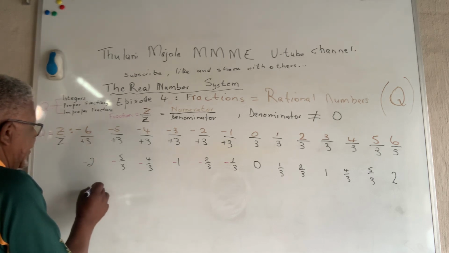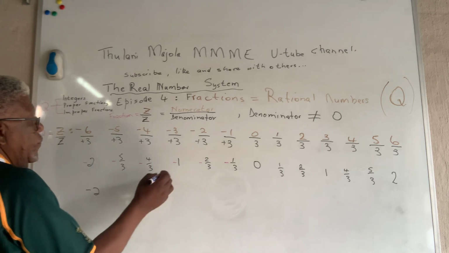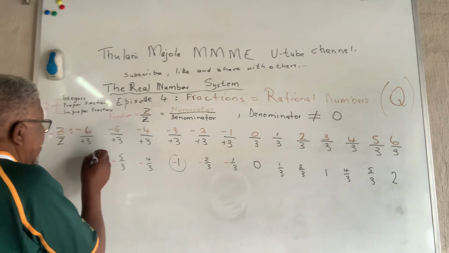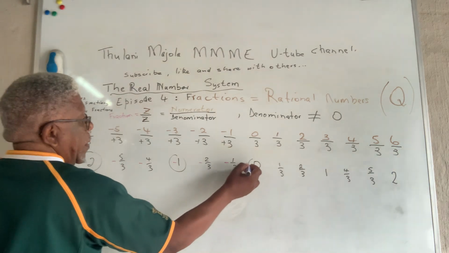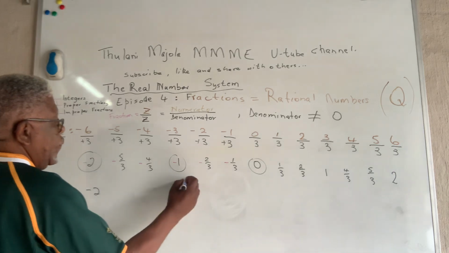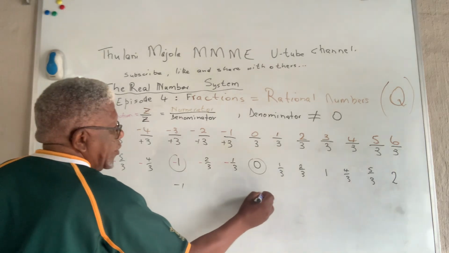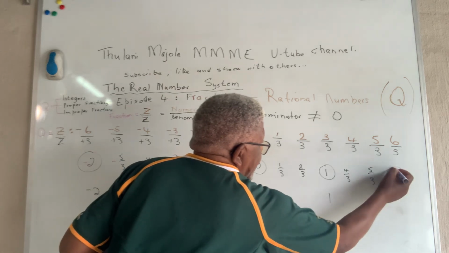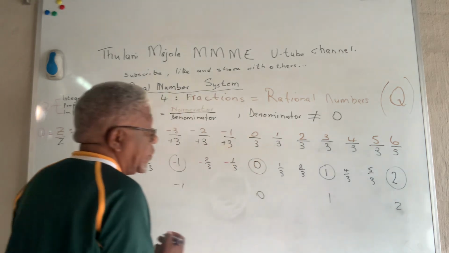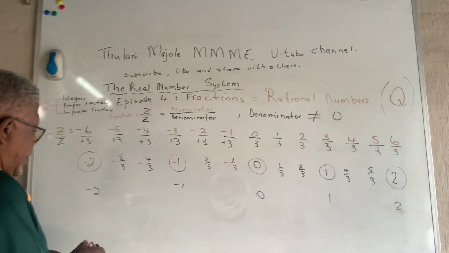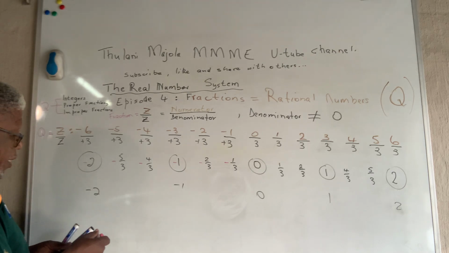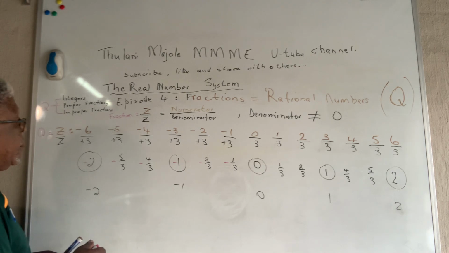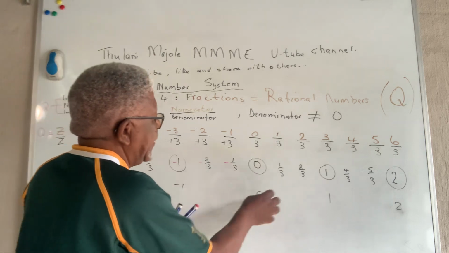We've got the integers now: negative 2, negative 1, 0, 1, and 2. And then you also got the proper fractions.